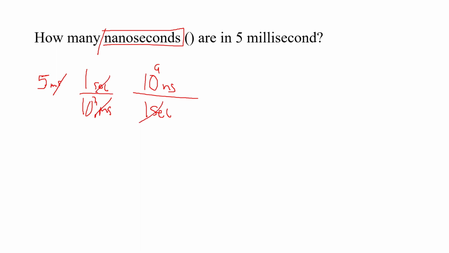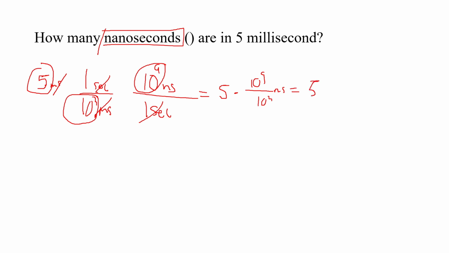Seconds cancel out. What are we left with? We are left with this 5, this 10 to the 3rd and this 10 to the 9th. So 10 to the 9th over 10 to the 3rd, nanoseconds, or 5 times 10 to the 6th, or 5 million nanoseconds.